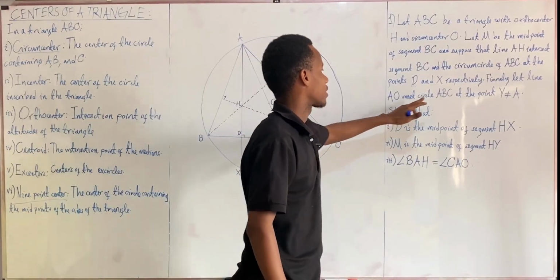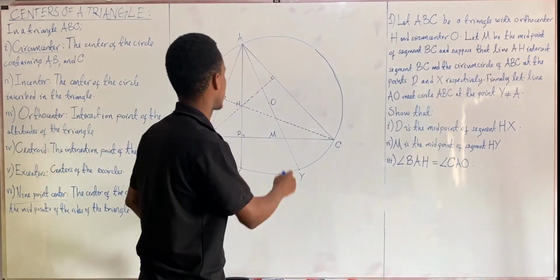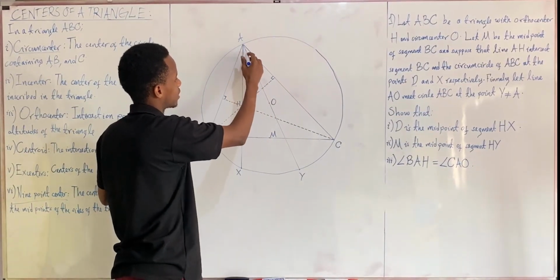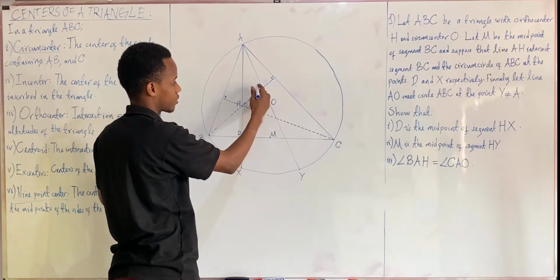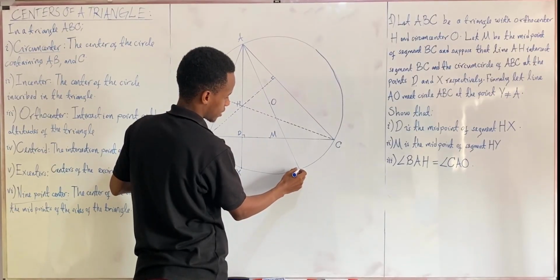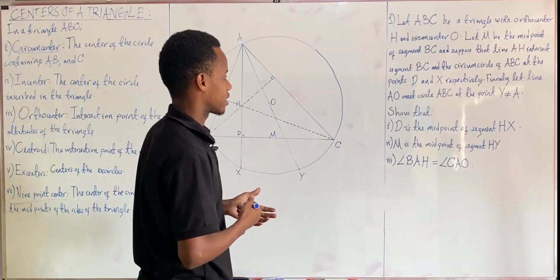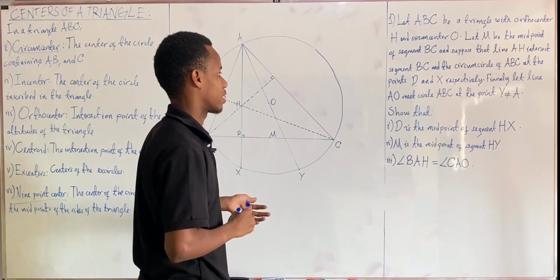And then finally, let line AO meet circle ABC at the point Y. So line AO, we join the vertex A and the line through the circumcenter, and the intersection here will be denoted by the point Y. And we are required to show that D is the midpoint of segment HX.